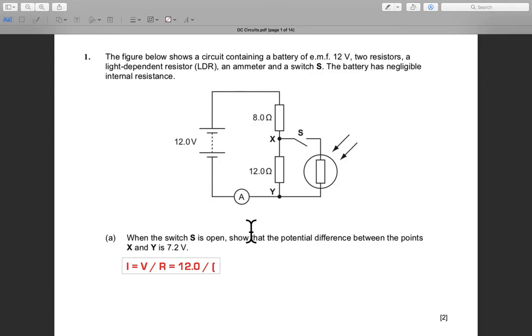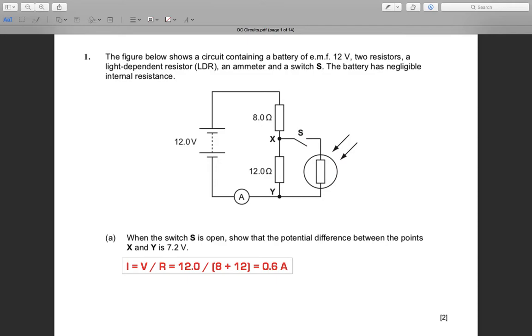This is also in series. So here it equals 12 divided by 20, so 6 divided by 10, 0.6 ampere.